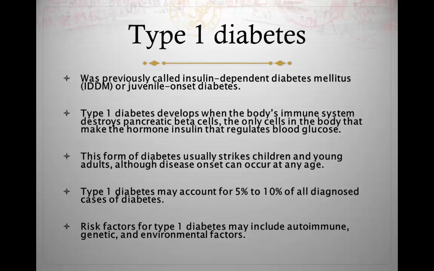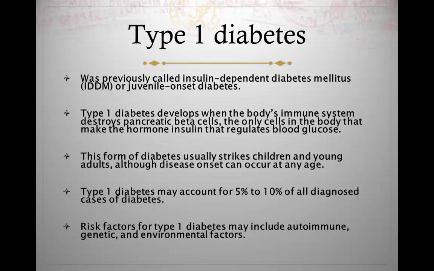So if a patient with adult onset has pancreatitis, for example, or pancreatic cancer, they could also develop type 1 diabetes. It's most commonly seen in children and young adults, but again, it could also appear in adult onset after pancreatitis or pancreatic cancer. It's an autoimmune disorder.